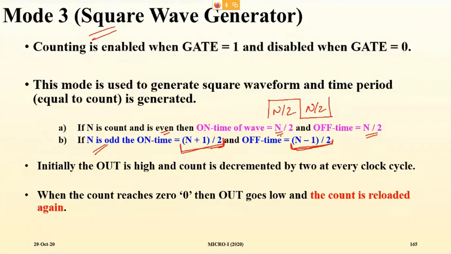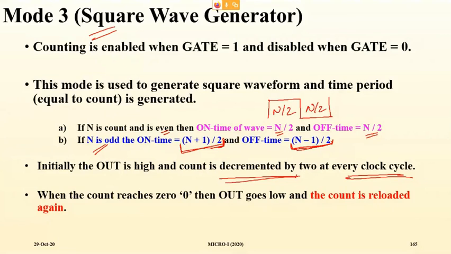And remember, with every clock period, or every clock cycle, the count is decremented by 2.